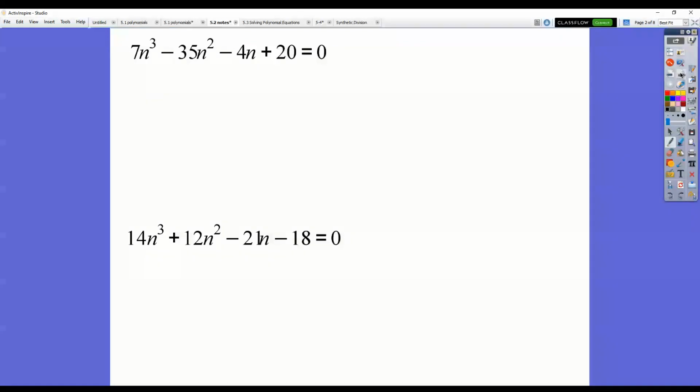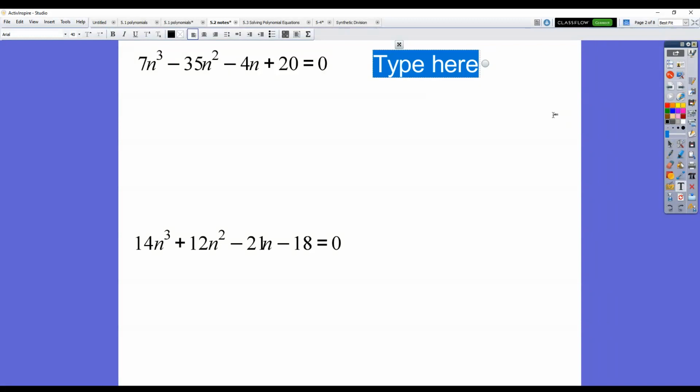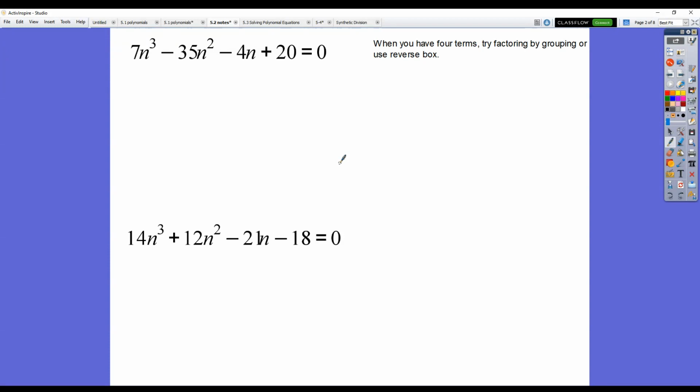Okay, this next one. When you have 4 terms, I'm going to type this. When you have 4 terms, try factoring by grouping or use reverse box. I'm going to show you 2 different ways to solve this. Okay?